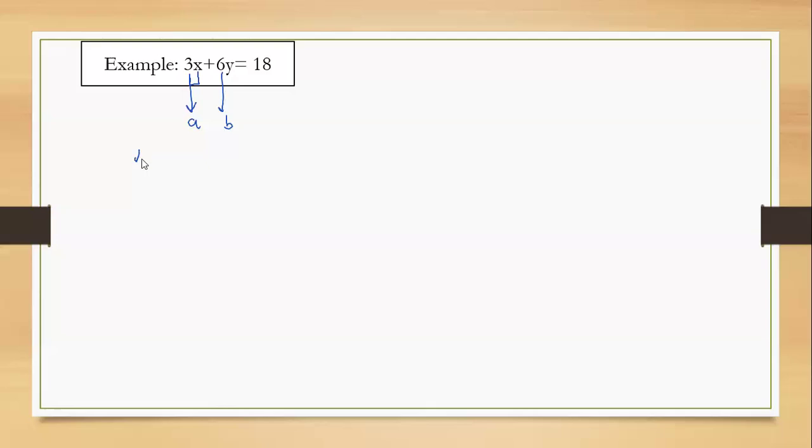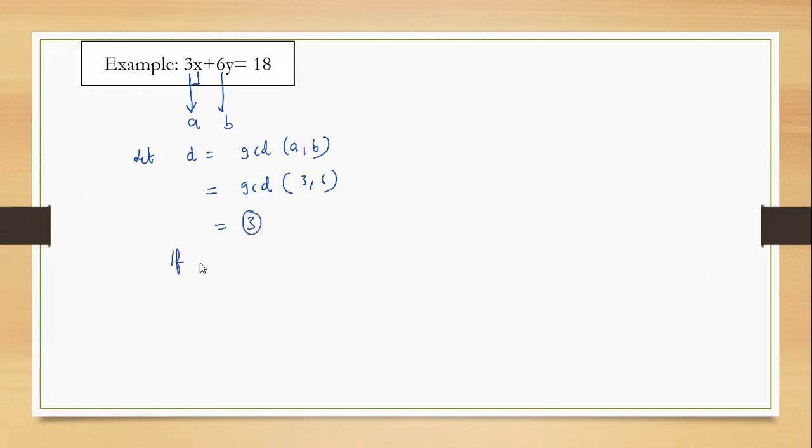Let us consider another variable. Let d equal the GCD of a, b, that is GCD of 3, 6. GCD is basically the highest common divisor of 3, 6. So it will be 3.